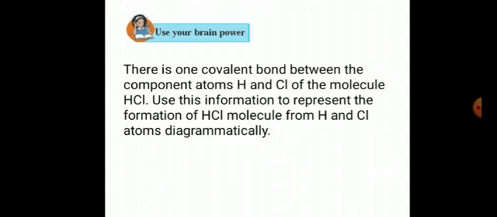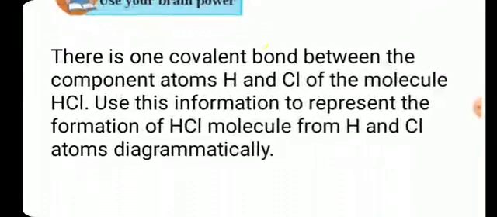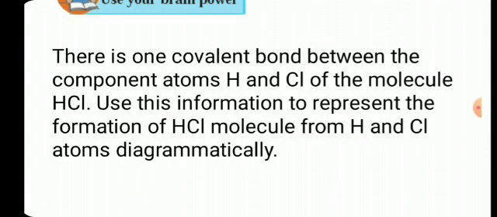There is one covalent bond between the component atoms hydrogen and chlorine of the molecule HCl. Children, we can discuss the formation of HCl molecule in the exercise in next video.